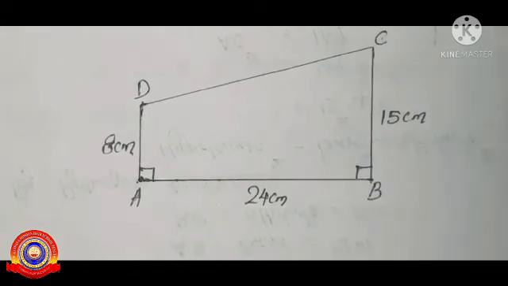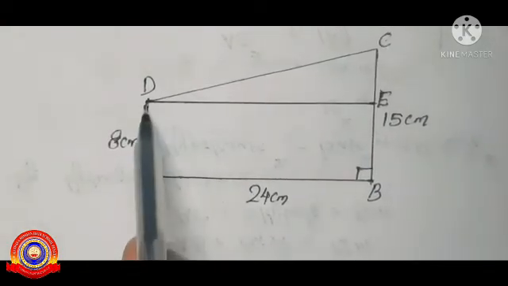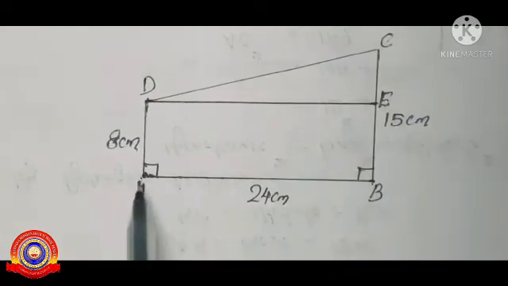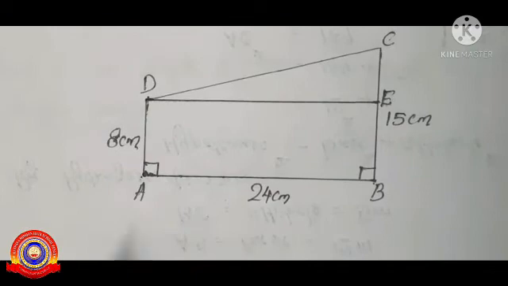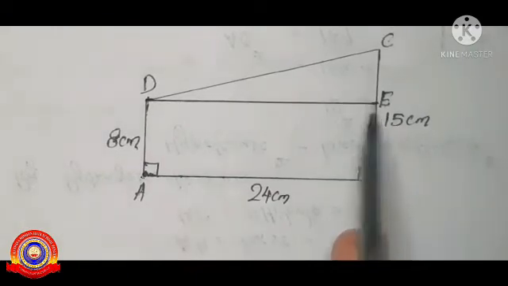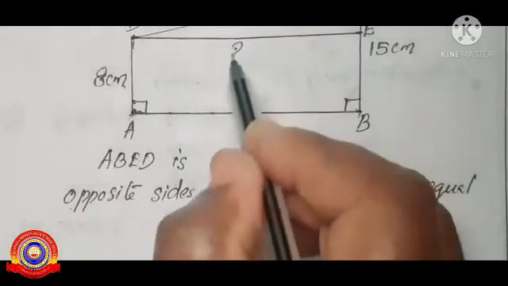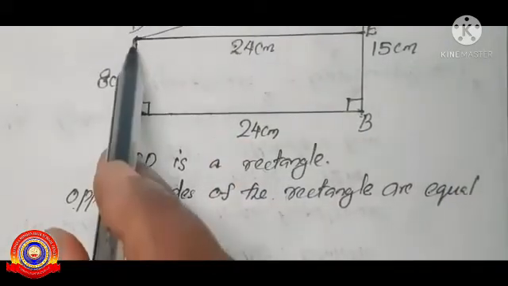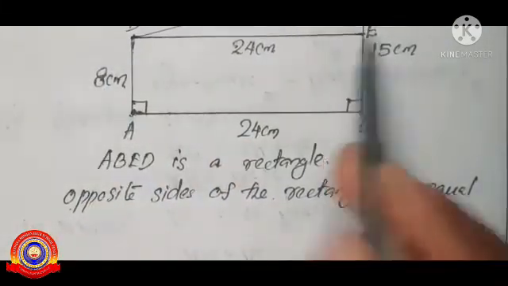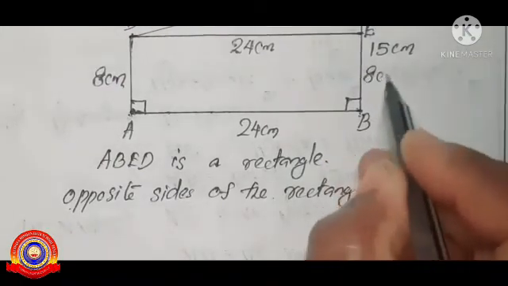Now ABED is a rectangle. We know that the opposite sides of a rectangle are equal. So AB equal to ED equal to 24 centimeter. Then AD equal to BE equal to 8 centimeter.